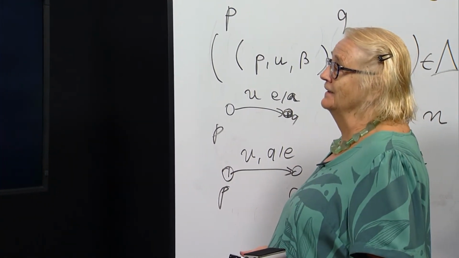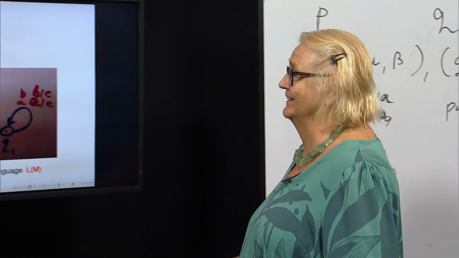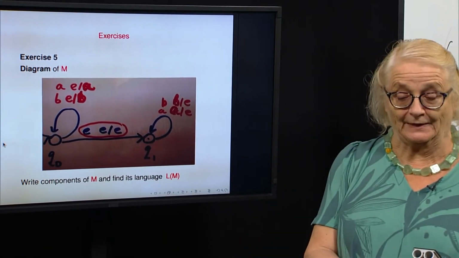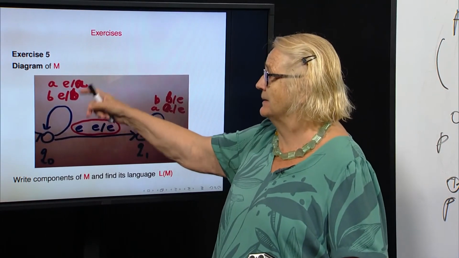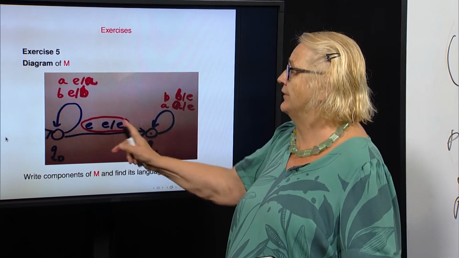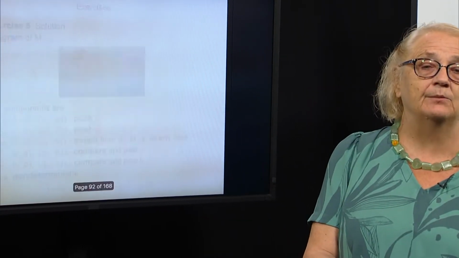So again, what would be this diagram? Again, write the components, but you can see what's happening is the same, except that it switches non-deterministically from initial to final at any moment.